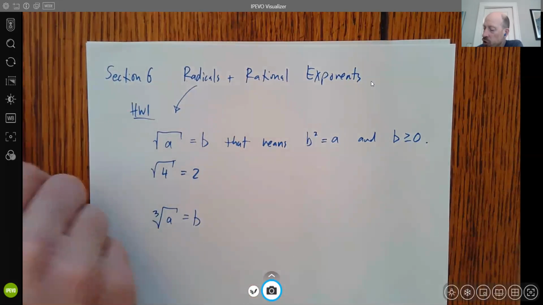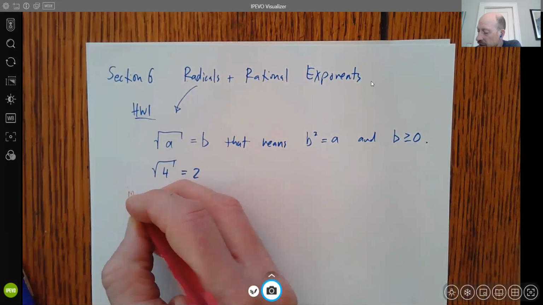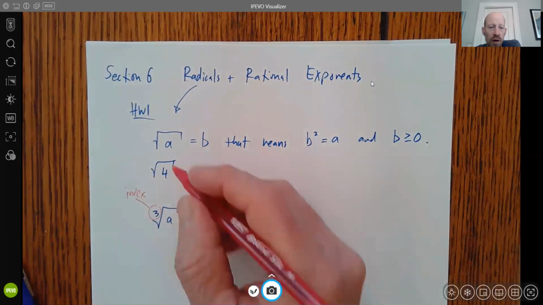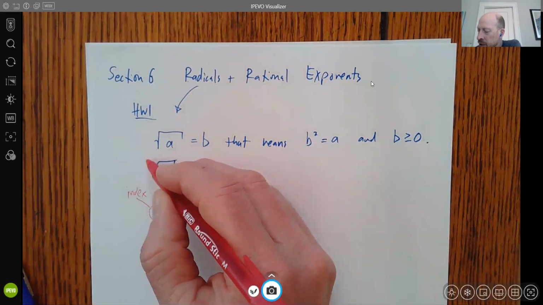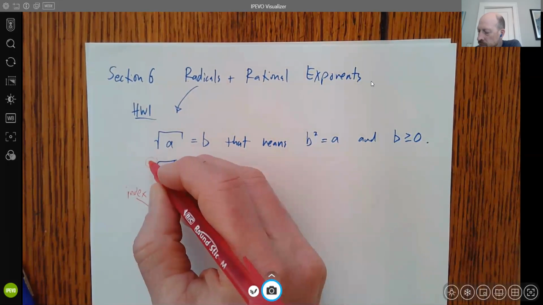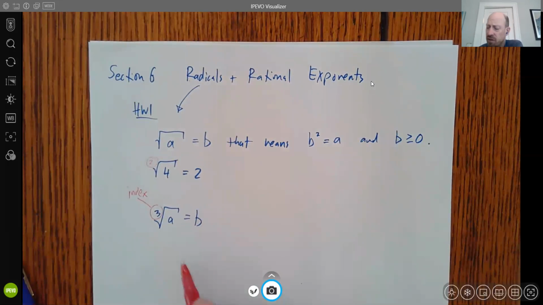When you're working with a cube root, this number here is called the index. With the square root, we leave that blank. That's our default. It's like there's a 2 there, but we don't write the 2 because we just assume it's a square root. But if it's anything else, we have to write an index in there.